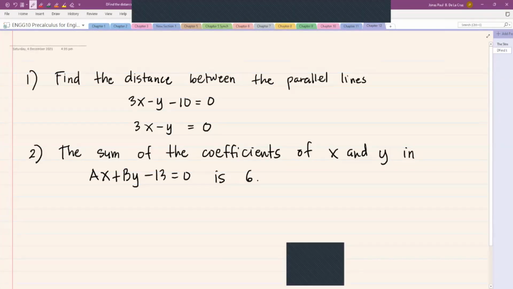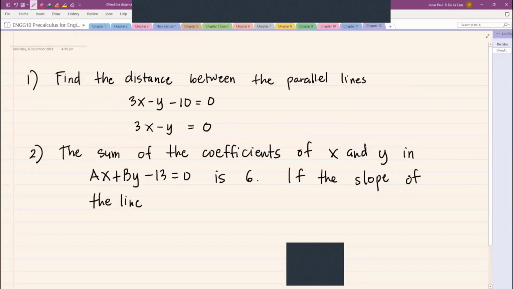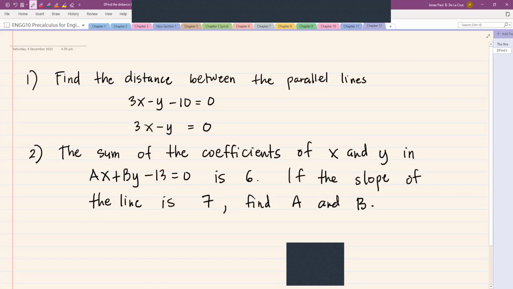If the slope of the line is 7, find A and B.